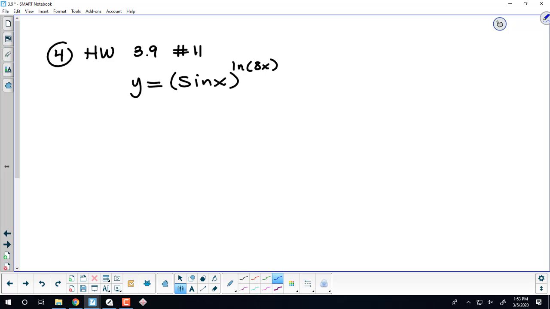So we already showed if we rewrite it, we still have a product and a chain rule. So let's just go ahead and do logarithmic differentiation on this. We're going to take the log of both sides. And then simplify.